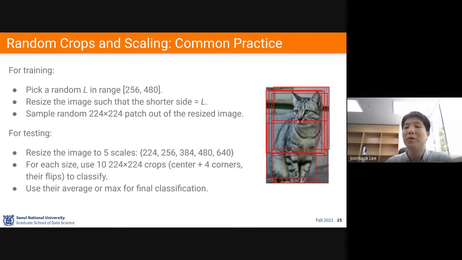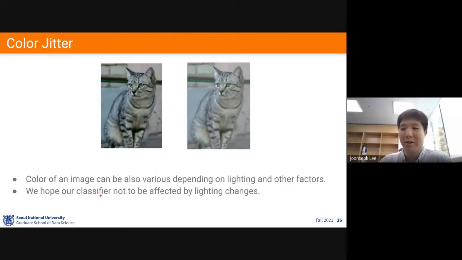But still, we may take advantage of these multiple-scale images and multiple cropped parts when we do the inference, and we may do some majority vote to improve our performance as much as we can. So these are just practical matters.